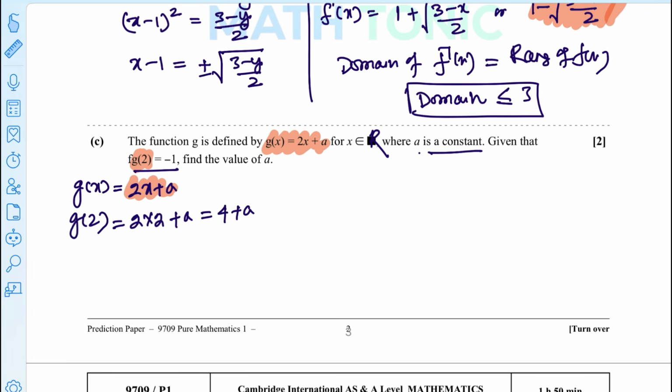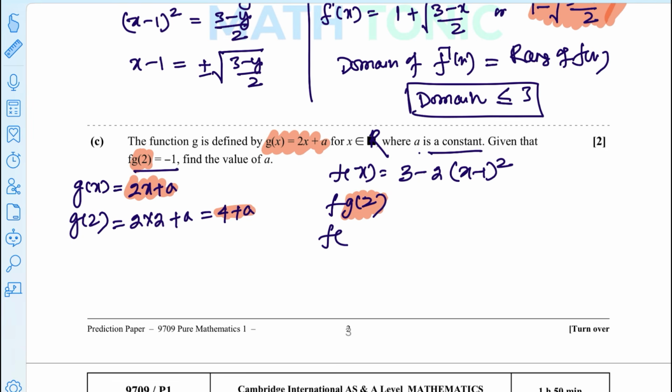Now the function f(x) is given already, that is 3 minus 2 times (x minus 1) squared, right? Then if I say fg of 2, what is the g of 2 we got right now? This one, 4 plus a, right?